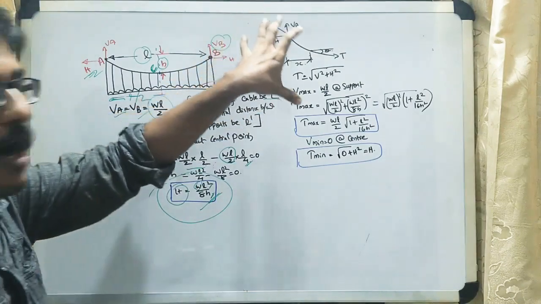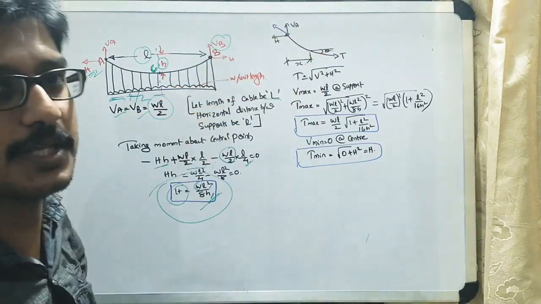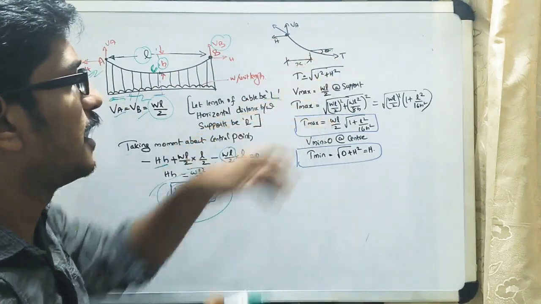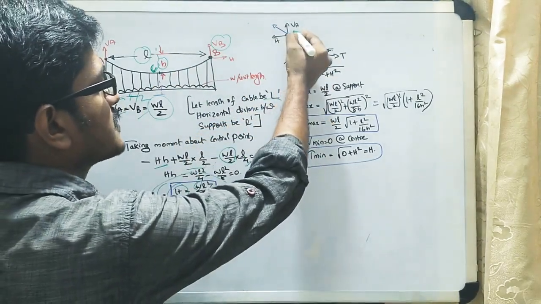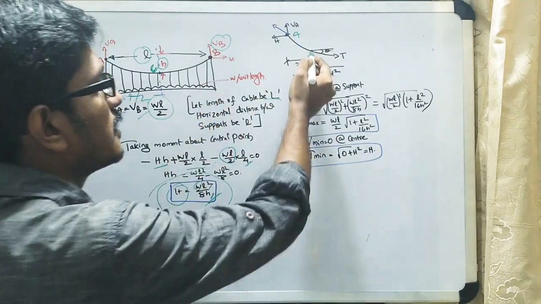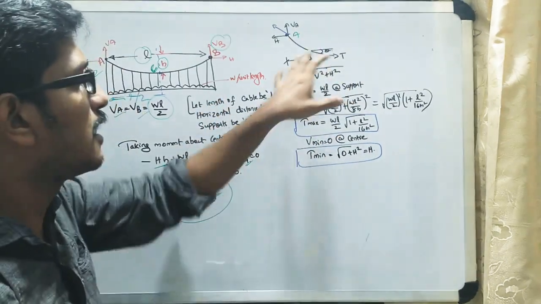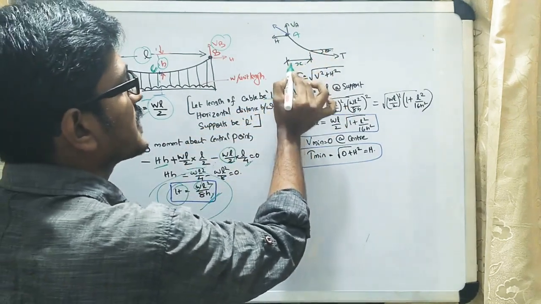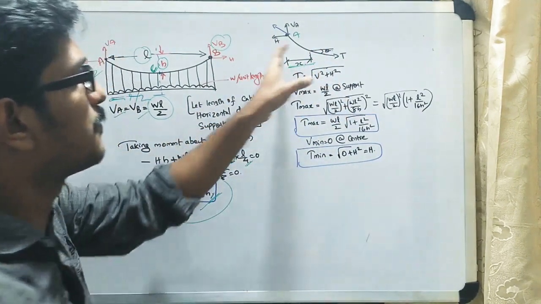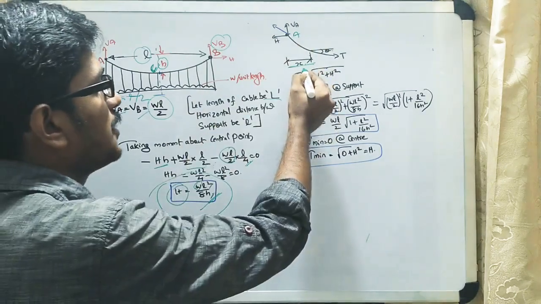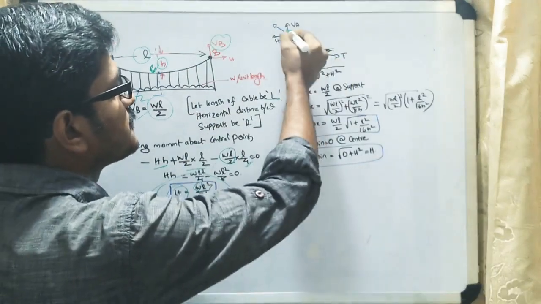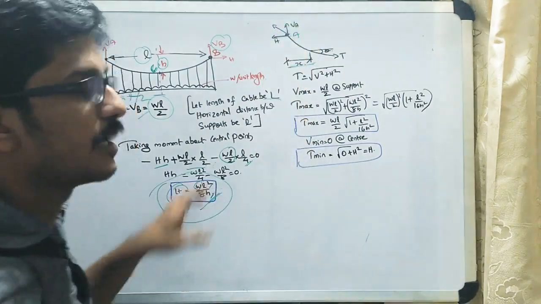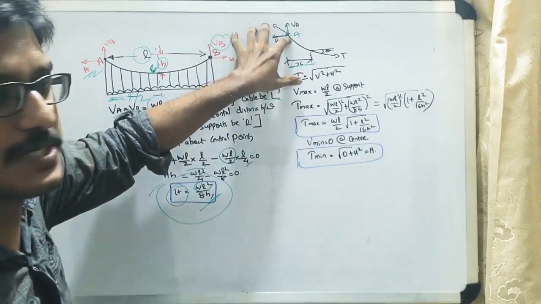Then coming to how to analyze the tension in the cable. Let us take a small portion, with capital A as the point. At any point there will be tension in the cable, so let us take a section at distance X from the point A. There is a horizontal component and a vertical component, so the resultant will be the tension.